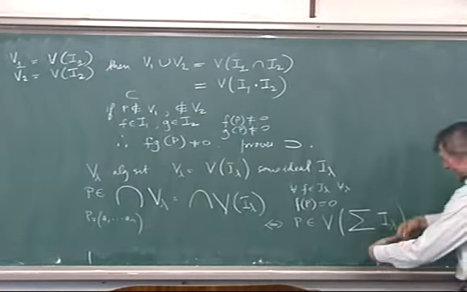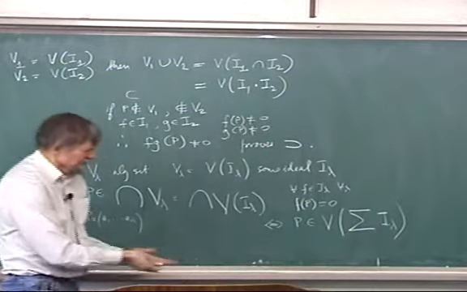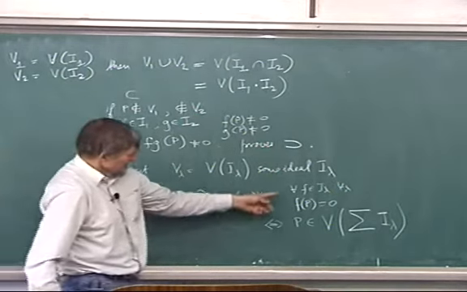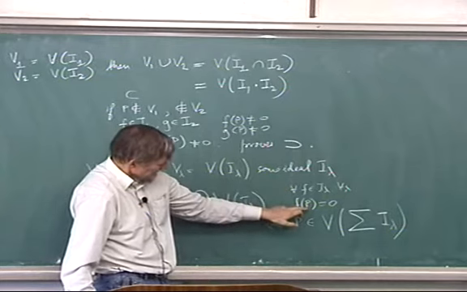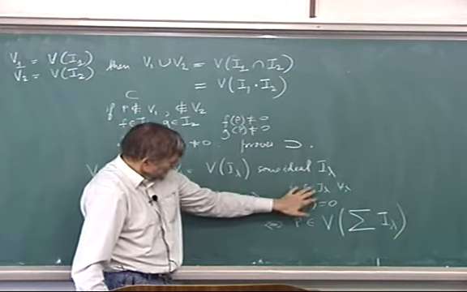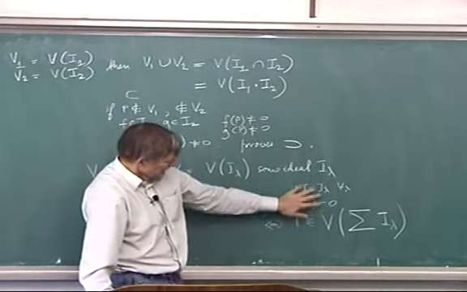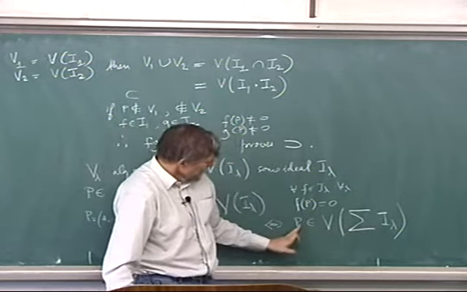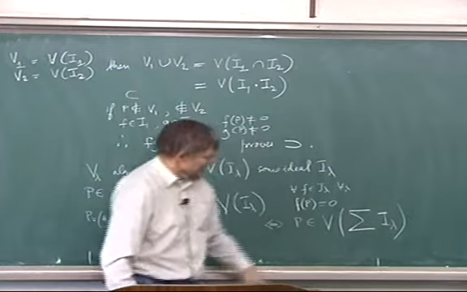So I have a whole pile of ideals here, possibly infinitely many of them, so I'm writing down possibly infinitely many conditions on P. All of these polynomials for possibly infinitely many values of lambda should vanish. That's the same as saying that P is in the variety, the place where all of these guys vanish.